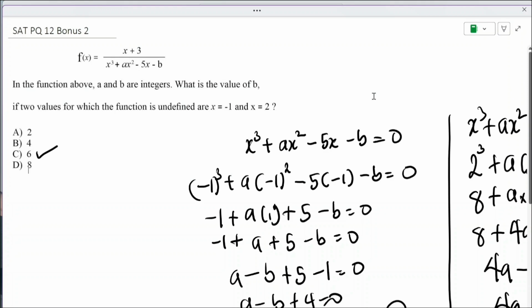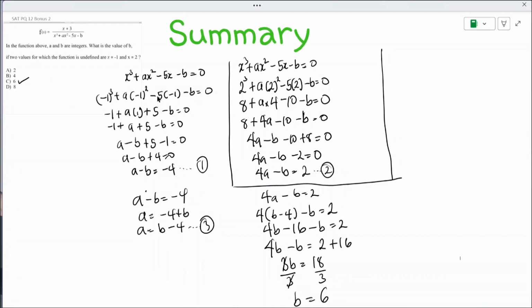Hope you understand. In summary, solving this question is not hard. It's just about knowing what to do. And knowing what to do is about finding the keyword or the keywords. It could be a key statement, a key symbol, or a key algebraic expression. But here, the keyword is the word undefined. And for a value to be undefined, it has to do with the denominator being 0.